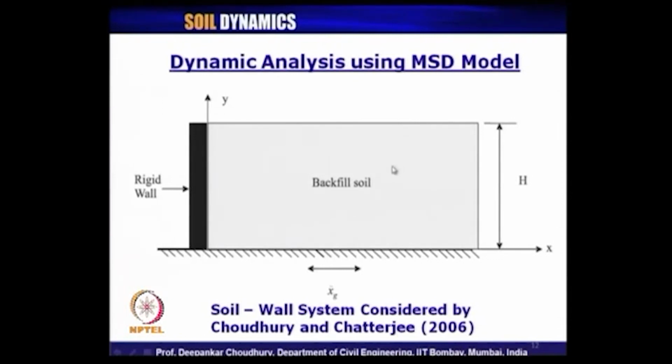How we can do? In this paper, what we have done in the analysis, we have considered different distances. This horizontal distance we have considered in terms of some factors of this height h. Suppose 2h, 3h, 5h up to 10h, and we have done a trial and error process of analysis by using different zones of extension and tried to obtain the final output of the displacement function.